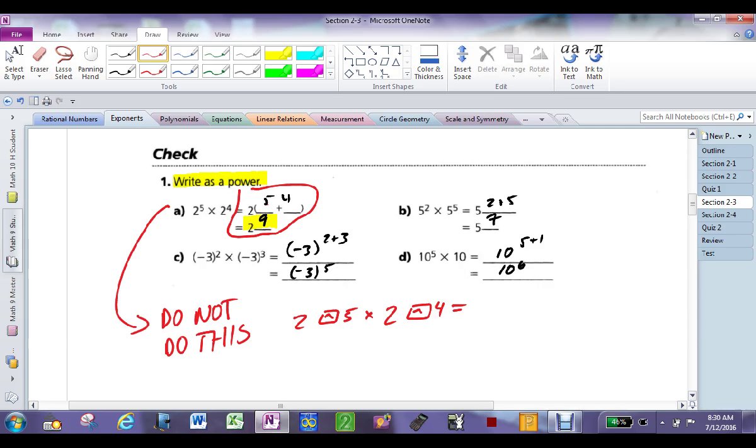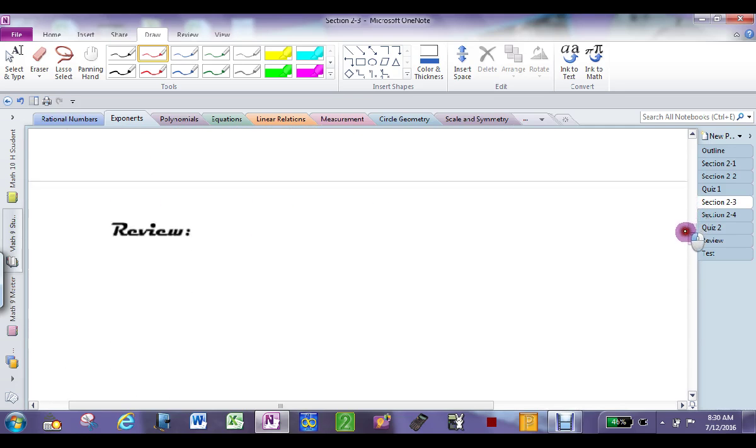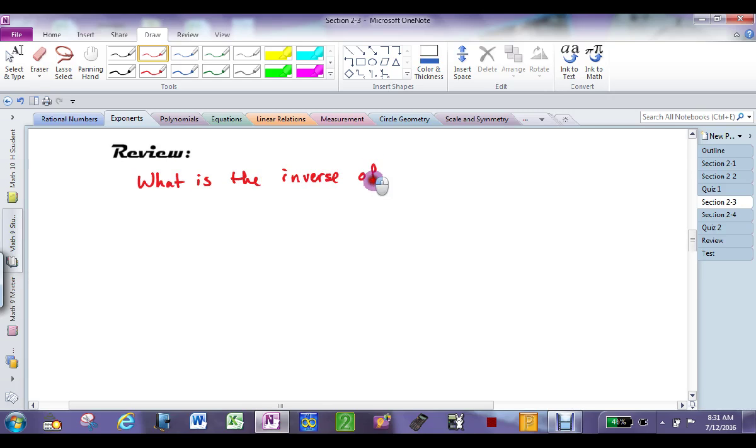No, we are going back to math. Everybody is good with Exponent Law 1, yes? Yeah. All right. Now, you guys are smart kids. What is the inverse of multiplication? Excellent.